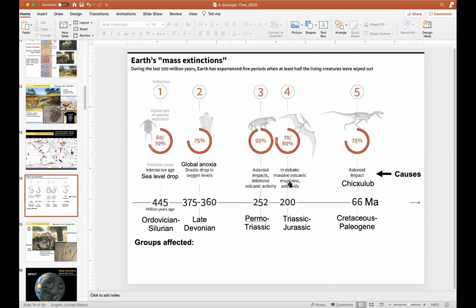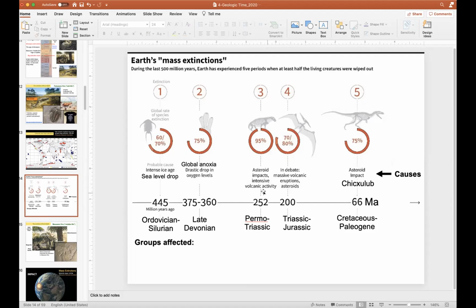And this is still in debate. What exactly caused this? Was it volcanic eruptions? Was it meteorite impacts? We still don't know the answer. Ongoing research. The Permian-Triassic, this largest extinction event, was probably similar to the Chicxulub event that wiped out the dinosaurs. Same meteorite impact, intense volcanic activity.